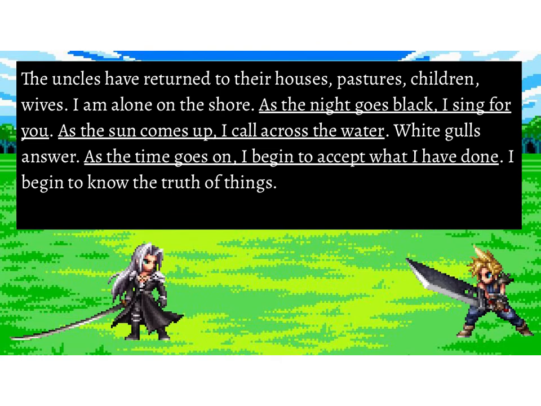Now, in this paragraph, we've got repetition again. It's in the middle of the paragraph, but this one's a little bit different. So the three sentences here that are using repetition: as the night goes black, I sing for you. As the sun comes up, I call across the water. As the time goes on, I begin to accept what I have done. And you might notice it's not exactly word for word the same, but we do have some similar things.